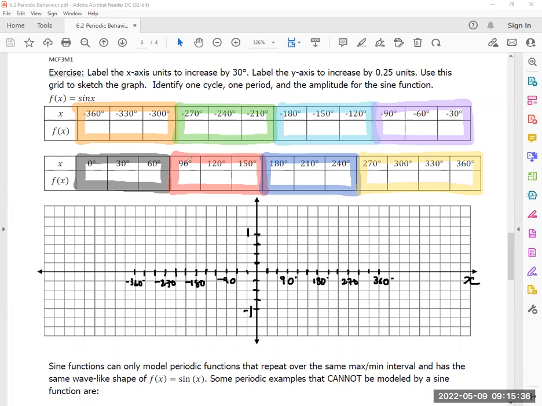Oh, sorry, maybe I didn't explain. Assuming that the function is sine x, what I'd like you to do is do sine 90 and tell me what it is, sine 120, and so on. We're essentially pretending that this was a triangle, right?